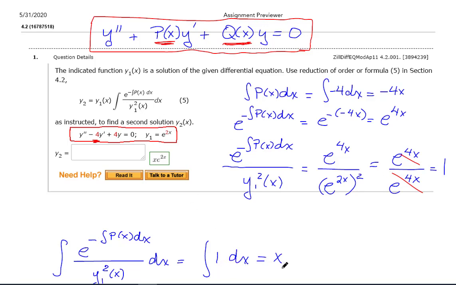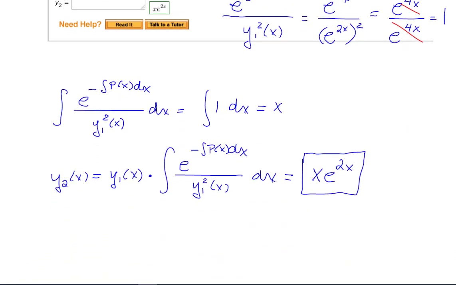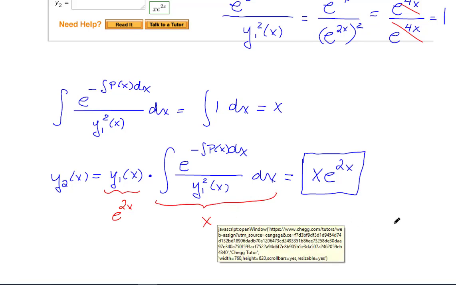And when I integrate 1, I get x. And so my second solution is the first one, which is e to the 2x, times this integral. So this was e to the 2x, and this whole integral turned out to be x.